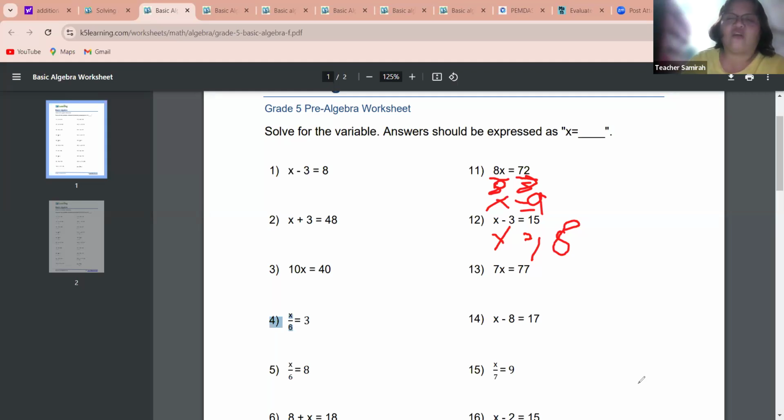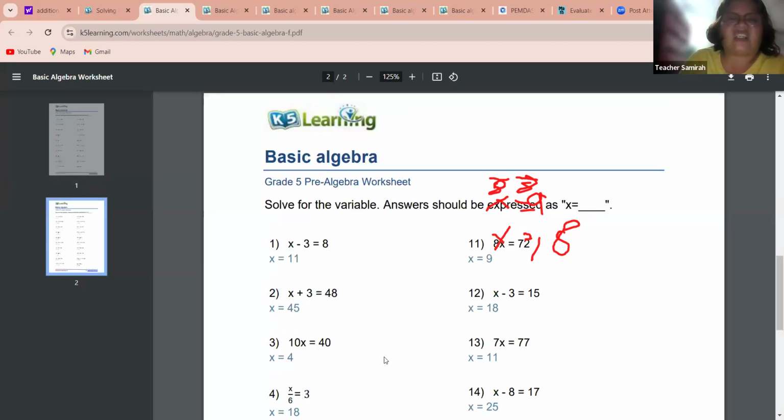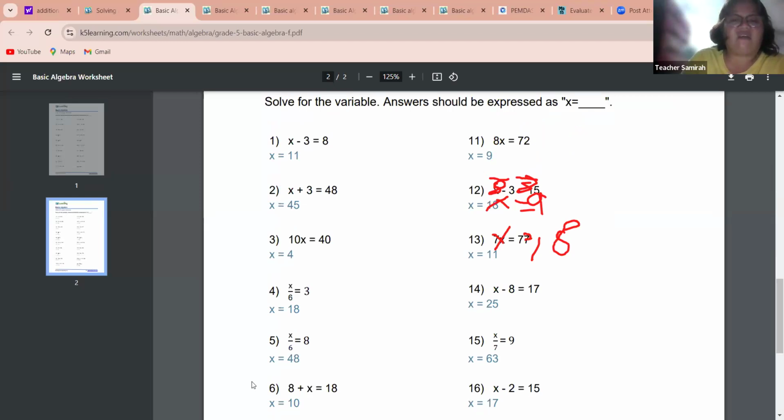We are going to multiply it with 7. So what will be the value of x? 63. So 9 times 7 would give us 63. And that is actually correct. Okay, look at this. These are the answers. So 63, 48. Very good.